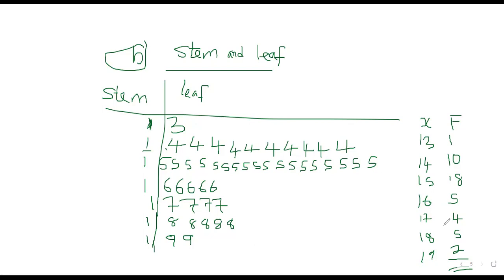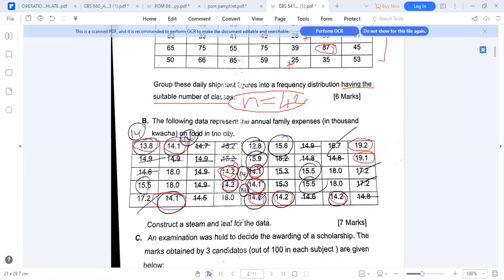That one should give us 42. We can count them manually. We can find out how many figures we have gotten, because it's just from here that we are counting.